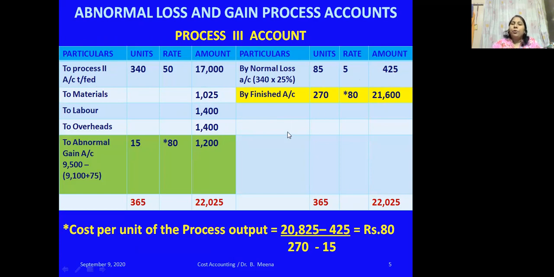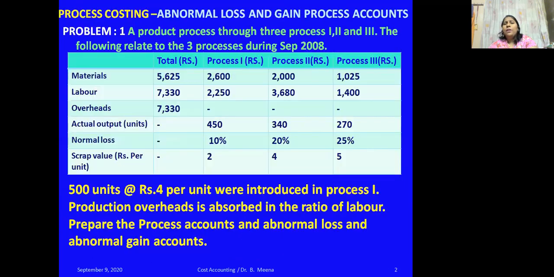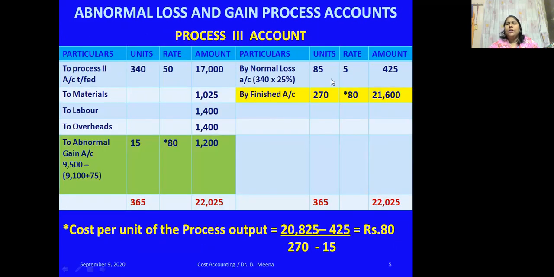Since it's the last process, I can term the output as finished stock account. What stock is given? That is, the output is given in the problem. The output of process 3 is 270, right? So I transferred 270 here. Then I need to calculate whether I have an abnormal loss or abnormal gain by comparing the input and output with the normal loss. So 340 is the input, right?